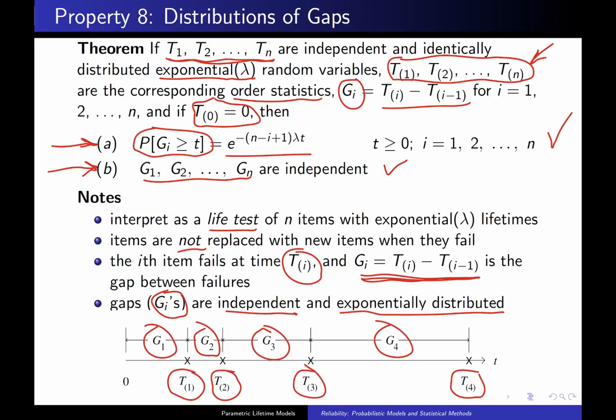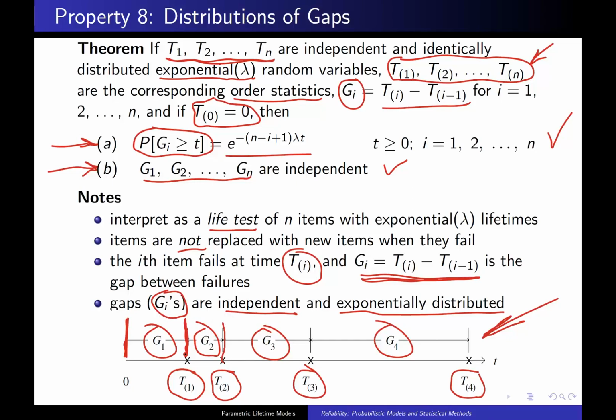A little bit of intuition from this picture right here. The test starts at time 0 and all 4 light bulbs are on the test. When that initial failure occurs, there are 3 light bulbs that are still burning. But by the memoryless property, each of those 3 light bulbs that are still burning have an exponential time to failure.